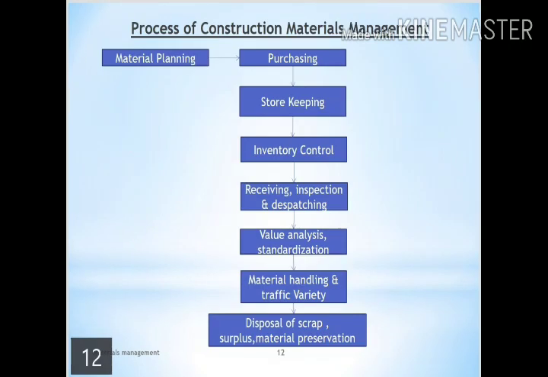The functions of construction materials management are material planning, purchasing, storekeeping, inventory control, receiving, inspection and dispatching, value analysis, standardization, material handling and traffic variety, disposal of scrap, surplus, material preservation.